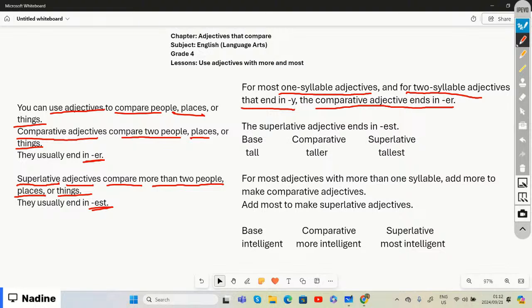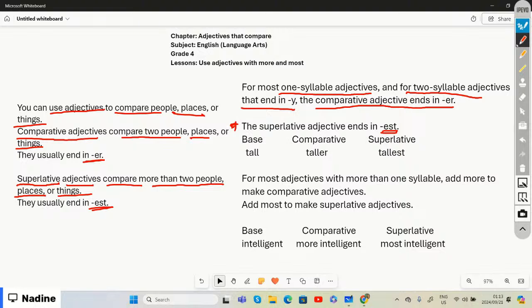And a superlative adjective ends in EST.